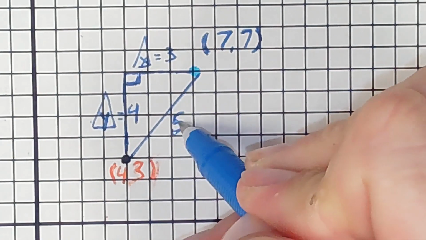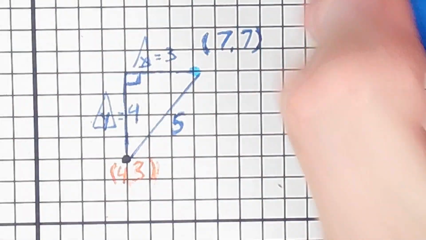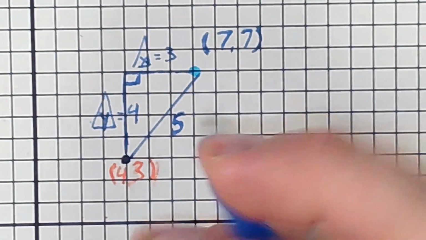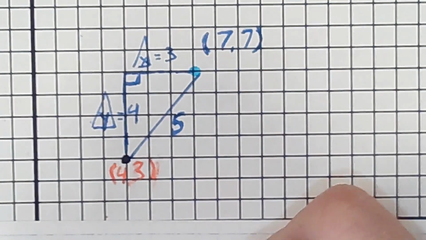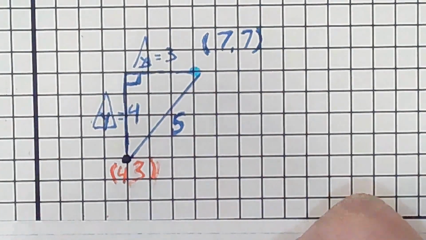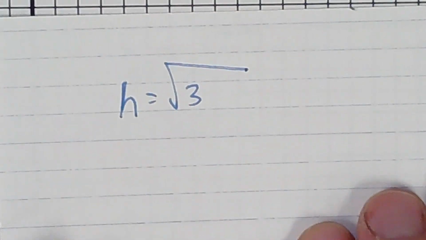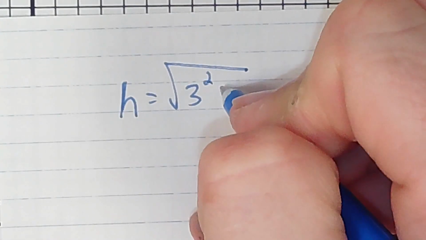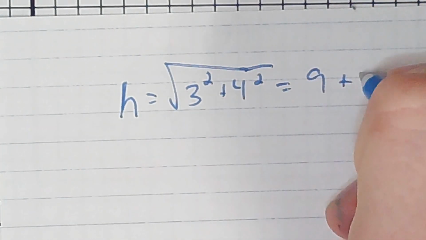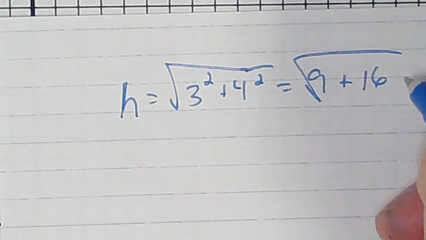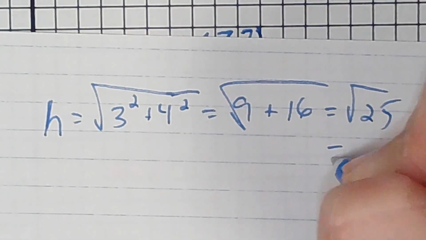That's Pythagorean's theorem. In case you missed that, my hypotenuse equals the square root of 3 squared plus 4 squared, which equals the square root of 9 plus 16, which equals the square root of 25, which equals 5.